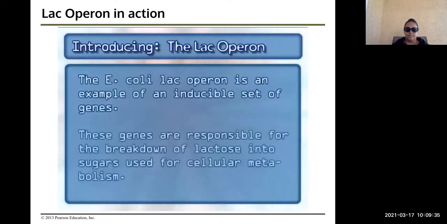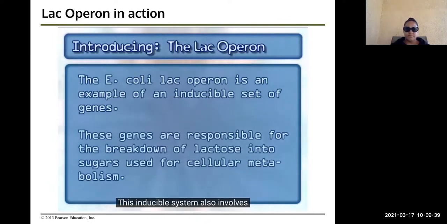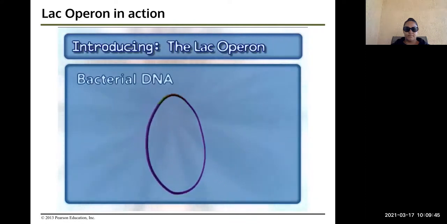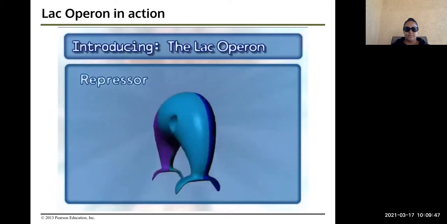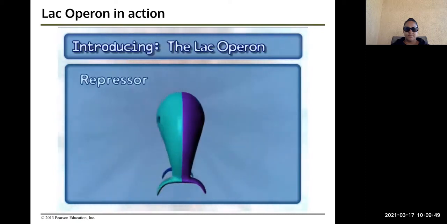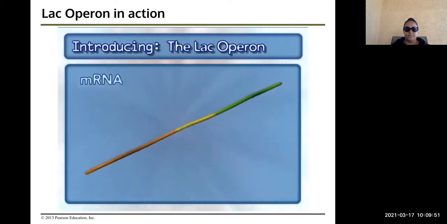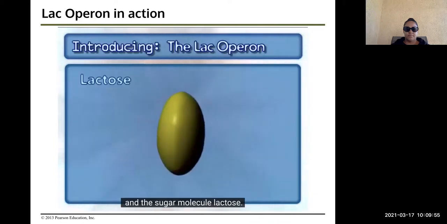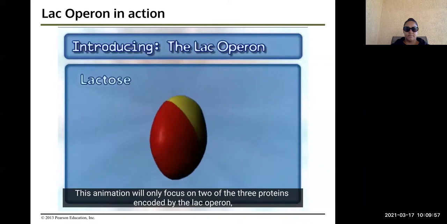These genes are responsible for the breakdown of lactose into sugars used for cellular metabolism. This inducible system also involves bacterial DNA, a repressor, mRNA, and the sugar molecule lactose.